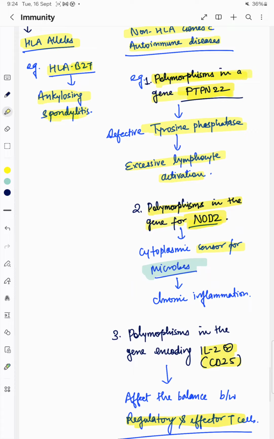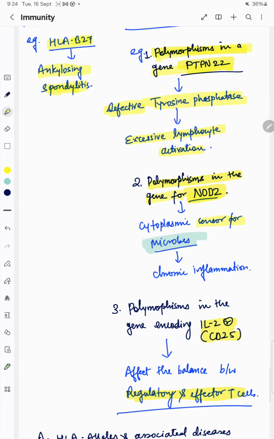Mutation of PTPN22 will result in defective functioning of tyrosine phosphatase and excessive lymphocyte activation. Mutation in the NOD2 gene will result in defective cytoplasmic sensing of the microbe and chronic inflammation, and chronic inflammation may result in the development of autoimmune diseases.